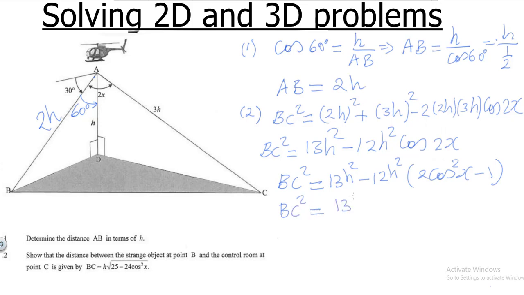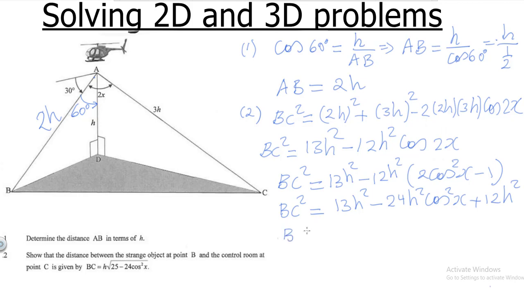So we have BC squared. We have 13h squared. If we multiply here, we have 24h squared cos squared x, minus 12h squared times minus 1 will be plus 12h squared.